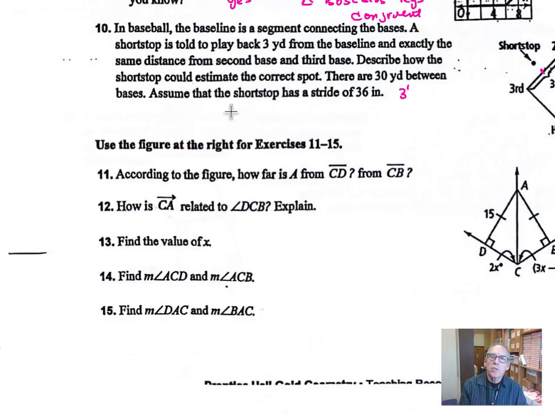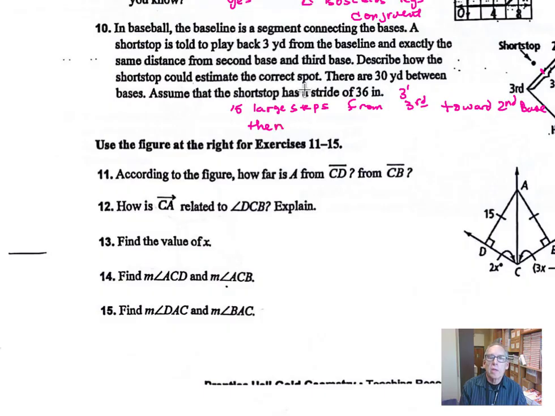So my suggestion would be that he takes 15 large steps from third towards second base. That'll find the midpoint.